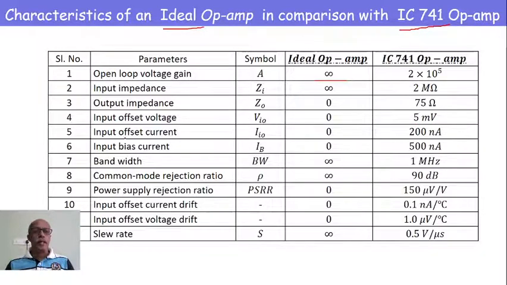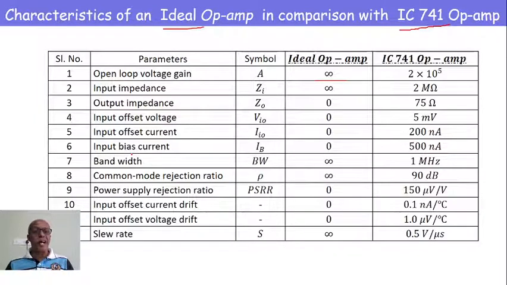Next one is the input offset current represented by IIO, whose value should be 0 for the ideal one, and for the IC 741 it is 200 nano ampere, very small.